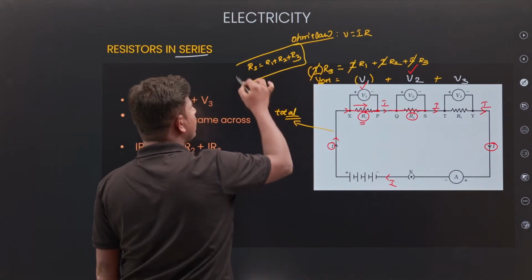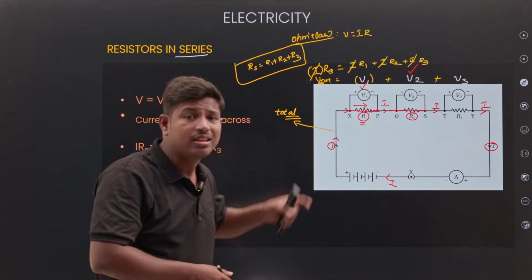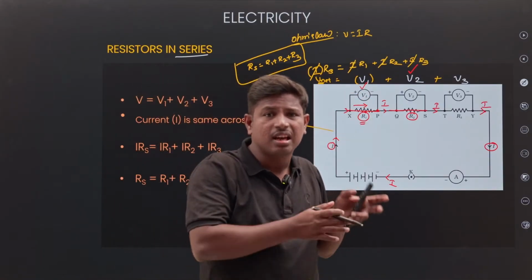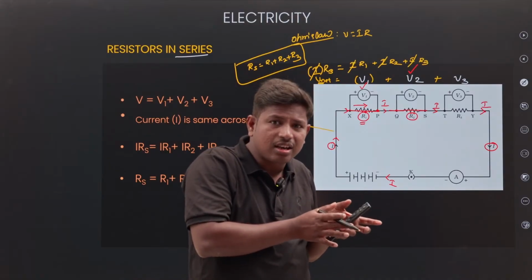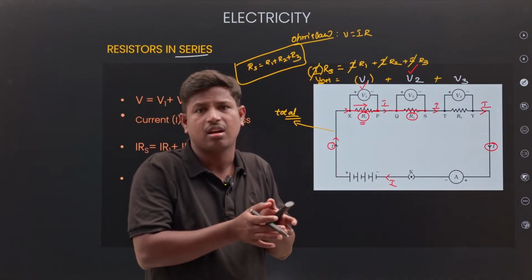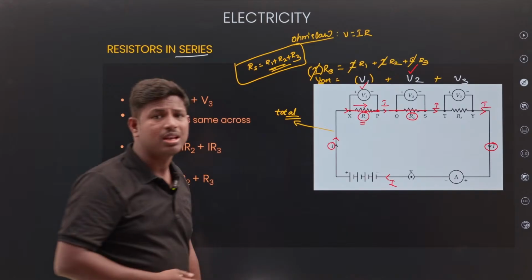When all the resistors are connected end to end, it means a series connection. When the resistors are connected in series, the equivalent resistance, the total resistance of the circuit RS, is equal to R1 plus R2 plus R3.